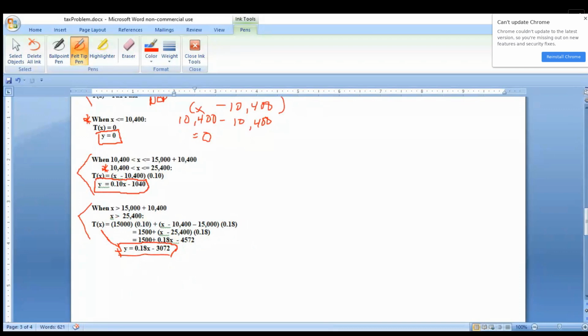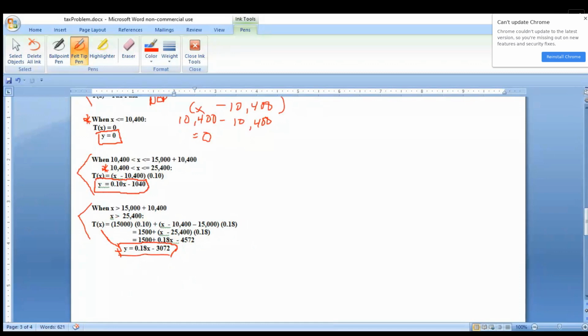desmos.com. Here's my first equation, y equals 0, and that's the red line, and you can see it here. Now remember, the x represents the total income. So I have 10,000, 20,000, 30,000 going all the way up to 50,000 here. And then the y value represents the tax paid.